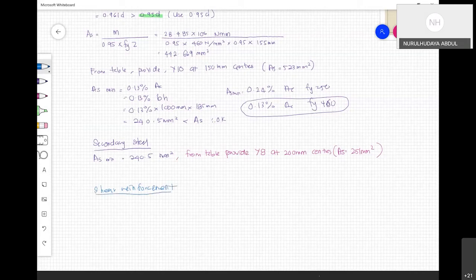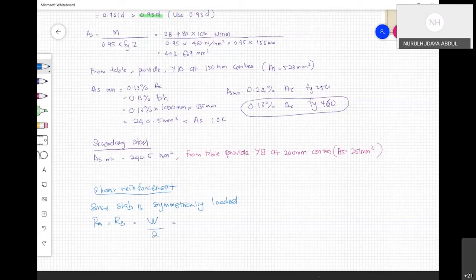Okay, so for shear reinforcement, okay, since slab is symmetrically loaded, we know that RA akan sama dengan RB, which is going to equal to W divided by 2.